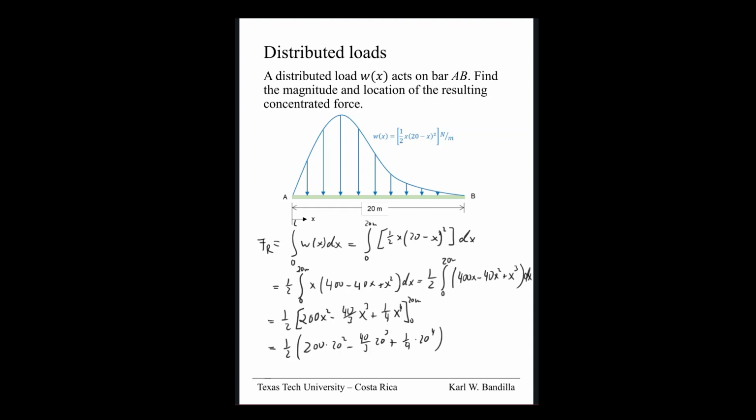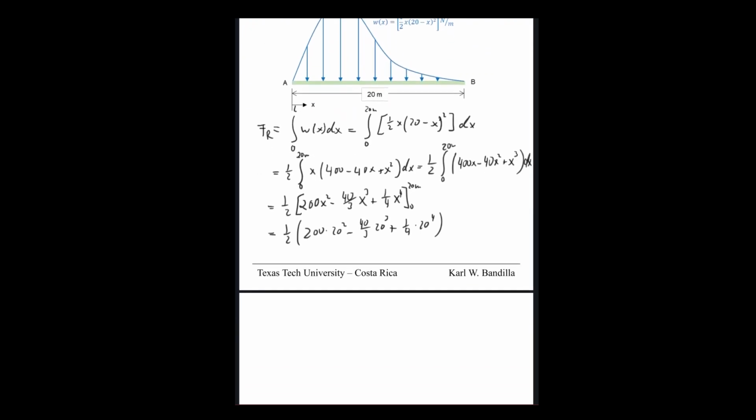That gives 20,000 divided by 3 Newton, or 6,666.7 Newton.